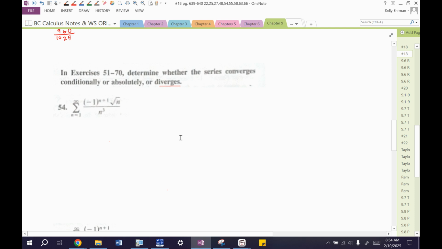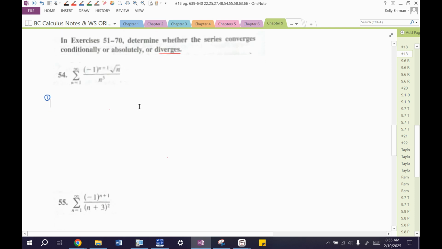For the next set of directions, it says determine whether the series converges conditionally or absolutely, or does it diverge? So I've kind of split this into 3 steps, and I'm really going above and beyond with my writing here, but I will show you if this is free response, which it could be, what you would need to do. So first thing you're investigating is, does this converge in general?